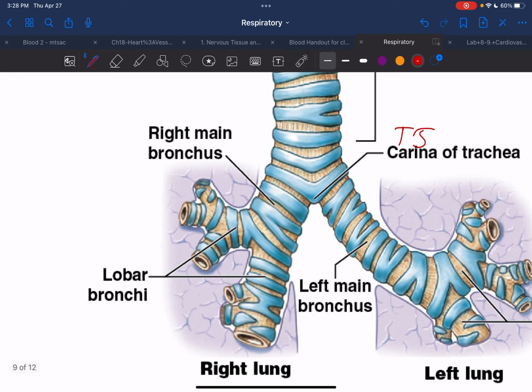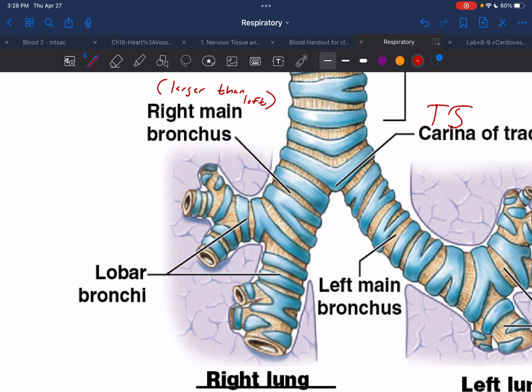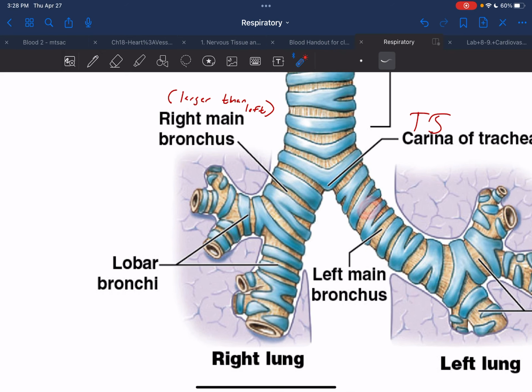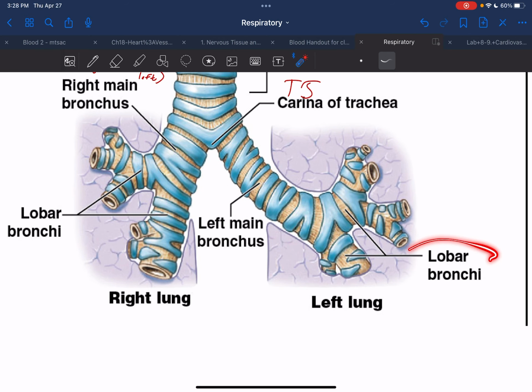Let's see where I can write this down. Oops, here, larger than left. And so our main bronchus on the right side is going to be larger than the one on the left-hand side.